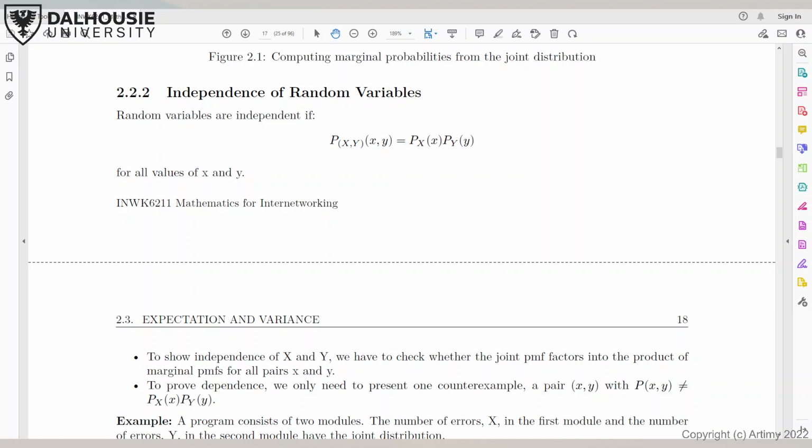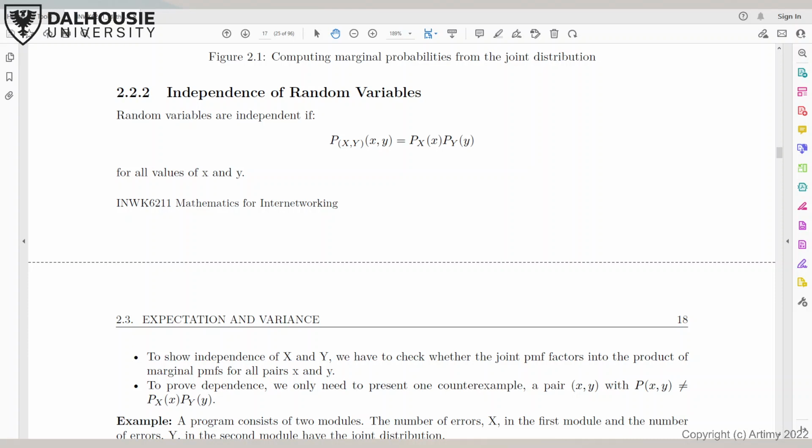So x and y can be independent if P(x,y) equals P_X multiplied by P_Y, right? But that must happen in all values of x and y.